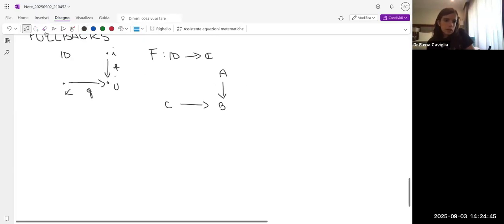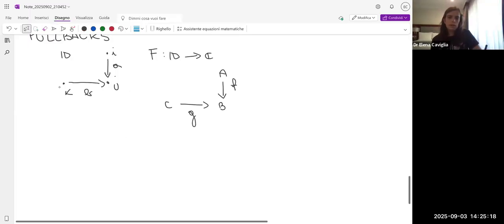And now we have that also these morphisms are sent into morphisms of C. Maybe the notation is not the best possible, so let me change the name of these morphisms. Let's call them little a and little b, and we call F the image of little a, and G the image of little b.